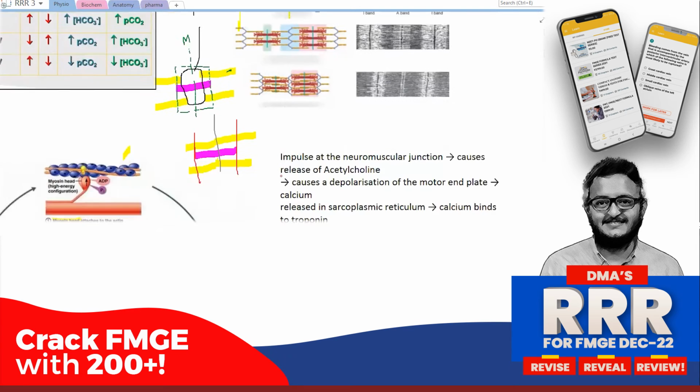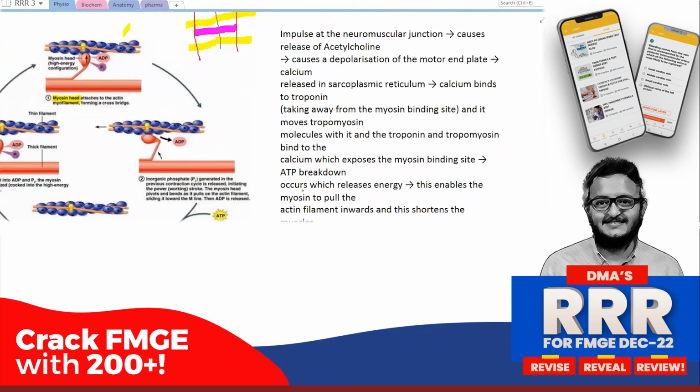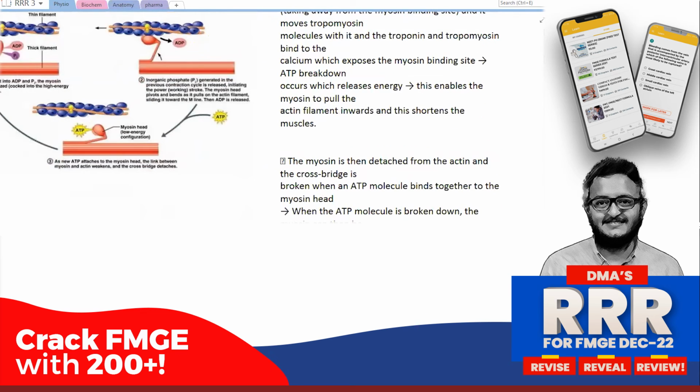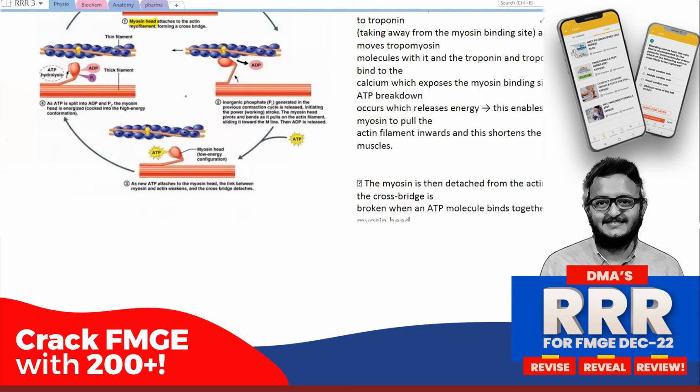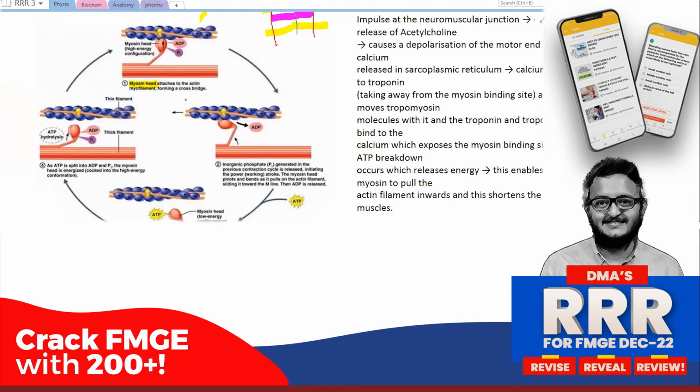Now let me take you through this particular diagram. You can see this diagram. Please look over here. What is going to happen? First of all, have you heard of troponin and tropomyosin? Hope you have heard of it. See, tropomyosin is something that is covering this. Over here in my diagram, this is myosin, the blue one is actin, and there is a border, this particular color.